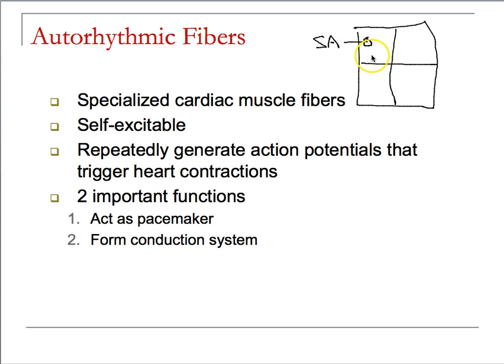We have an AV node, atrioventricular node, and it's attached to the bundle of His that travels through the interventricular septum. Coming off of that, we have a series of fibers called Purkinje fibers.